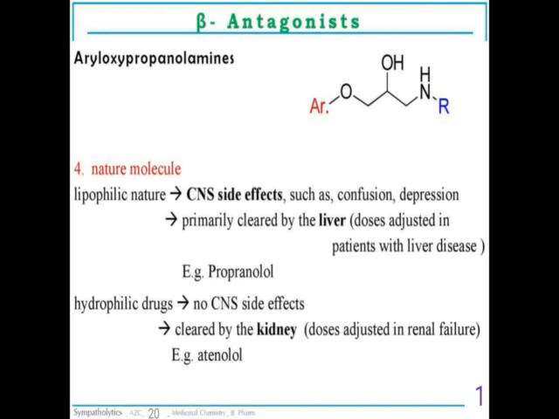Now if the given molecule is lipophilic in nature, it can cross the blood-brain barrier, so it will produce CNS side effects. As it crosses the blood-brain barrier, it enters the brain CNS system, where some adrenergic receptors are also present.